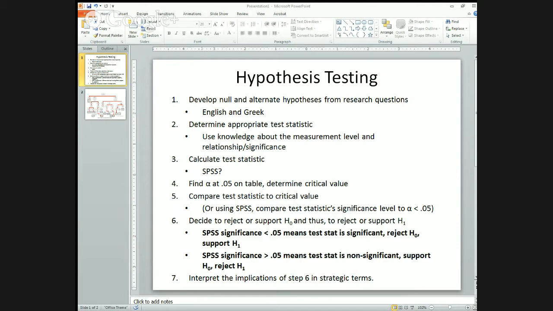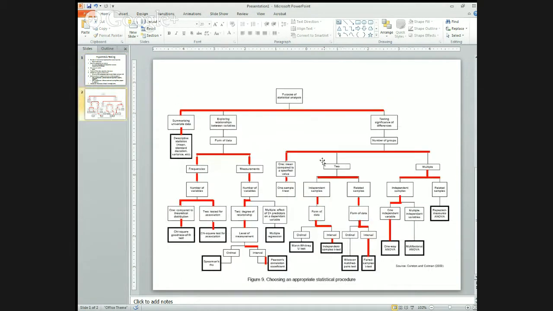I had mentioned a slide in one of my previous slides on how to determine what the appropriate test statistic is. There's the idea of understanding whether you're testing for relationships or differences, and then what the measurement level is.